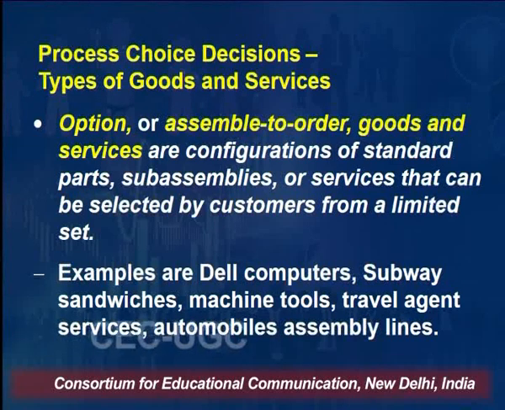Examples: Dell computers, Subway sandwiches, machine tools, travel agent services, automobiles, assembly lines. So these are called assemble to order products. What kind of layout would we require? We would require assembly line processes, which we are going to study. There are some standard parts, these are assembled together, and then a package is given to the customer.